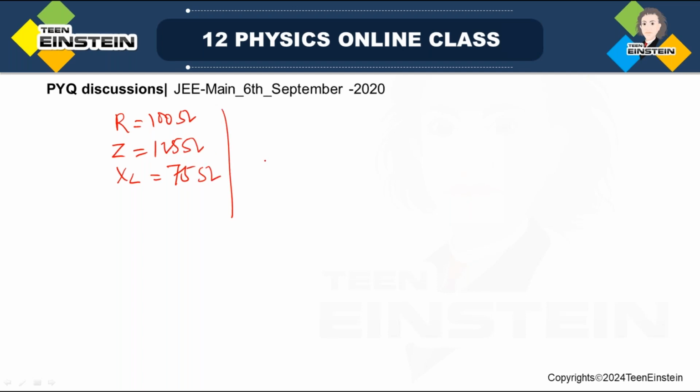Now, Z in case of an LCR circuit will be the square root of (XL minus XC) whole square plus R square. This is one point to think of.